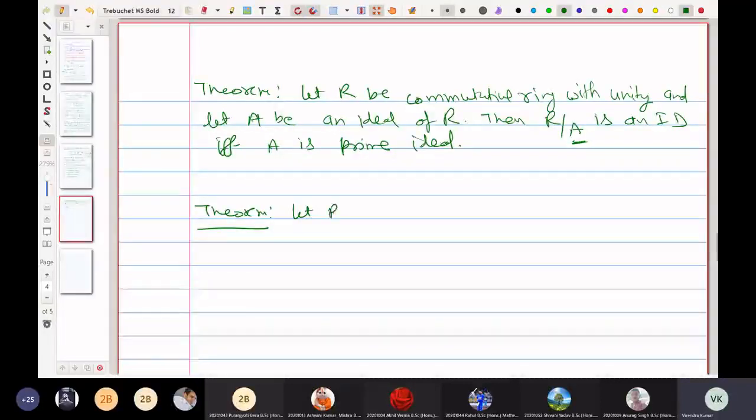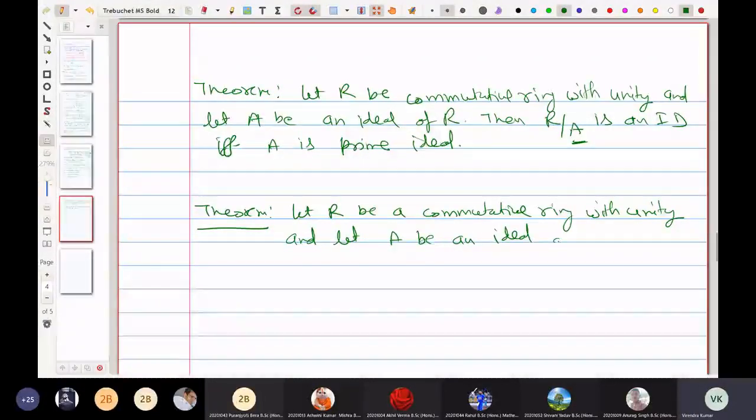So let R be a commutative ring with unity, and let A be an ideal of R. Then the quotient ring R by A is a field if and only if A is maximal.